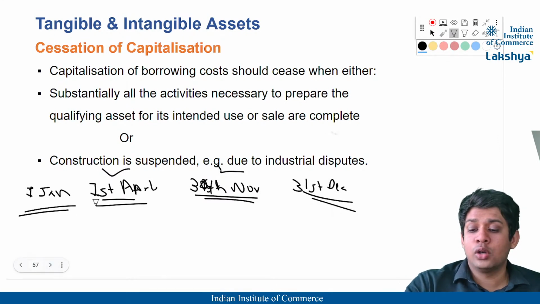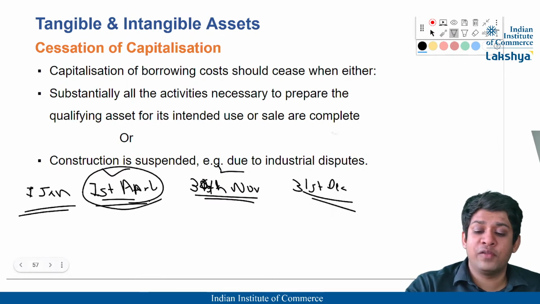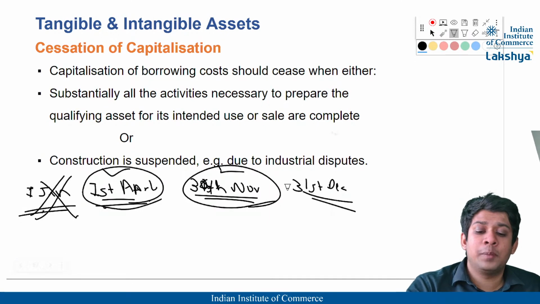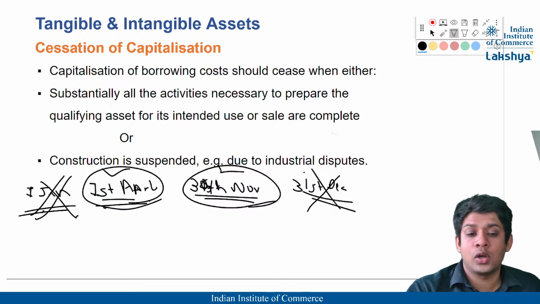So technically, only the period from 1st April to 30th November will be capitalized. The period from Jan to 31st March will not be capitalized, and the month of December will not be capitalized. Okay.